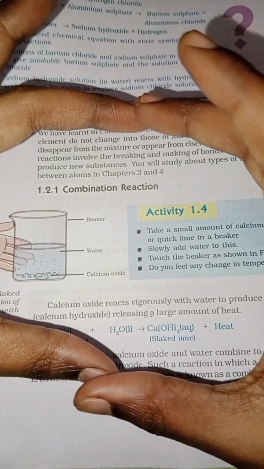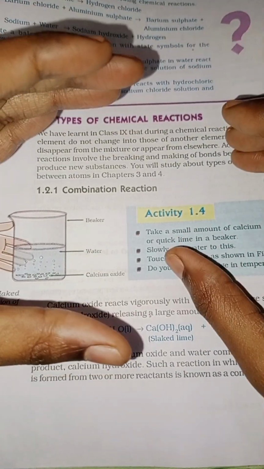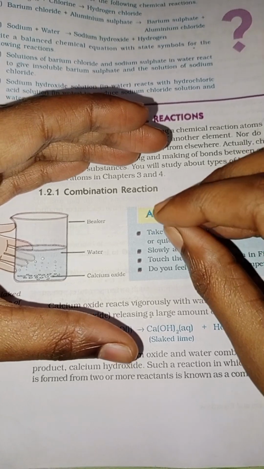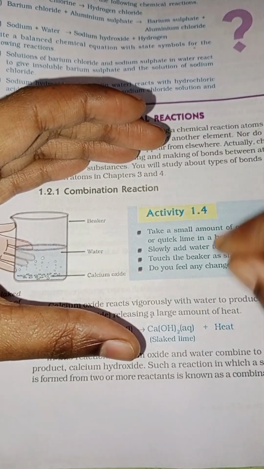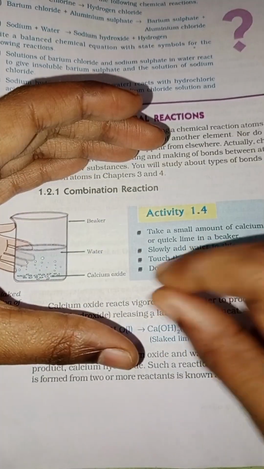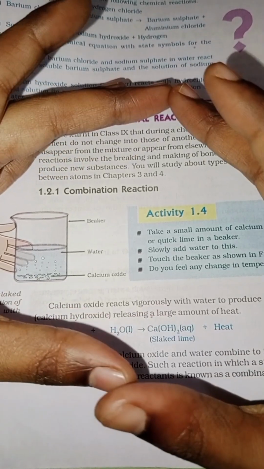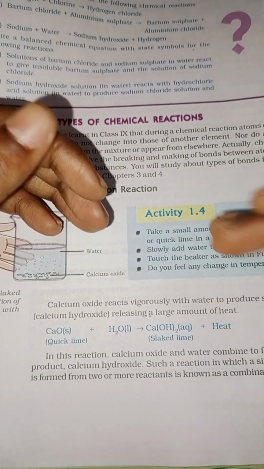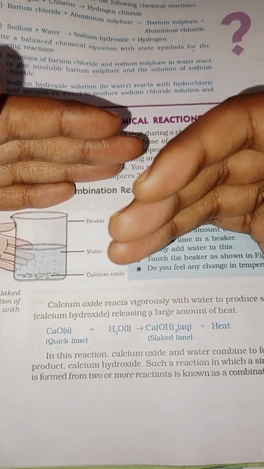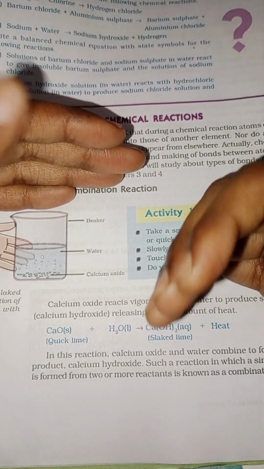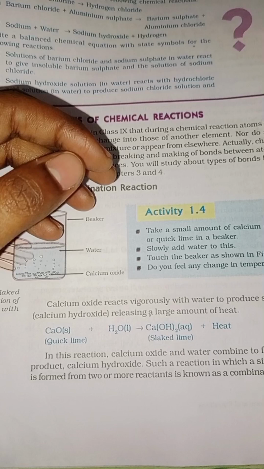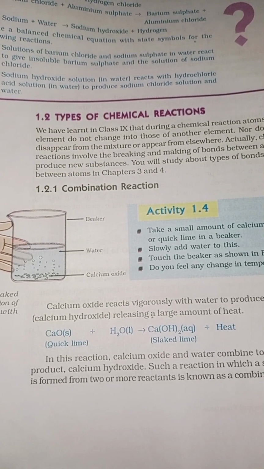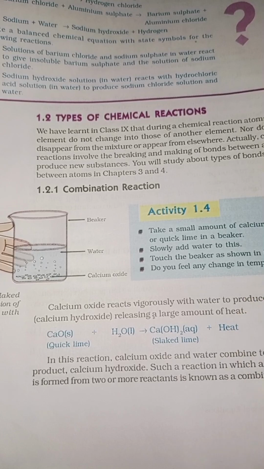If I take a cup of water in a beaker and add the calcium oxide to that beaker and stir the solution, the calcium oxide mixes with the water. If you touch the wall of that beaker, you will feel some heat; we feel that the wall of the beaker is a little bit hot.